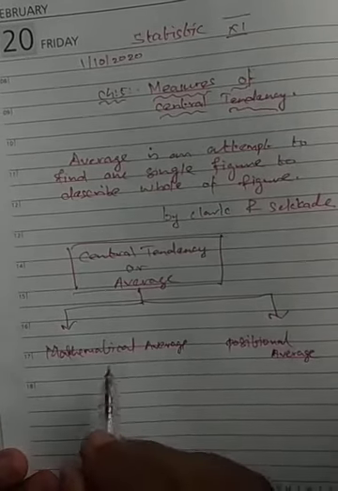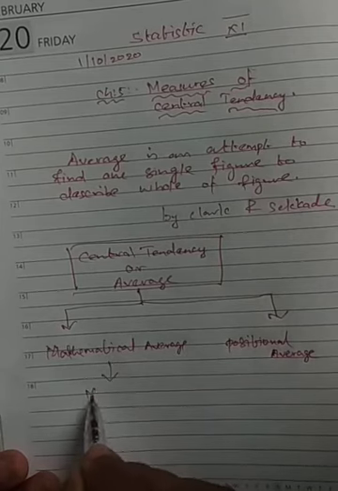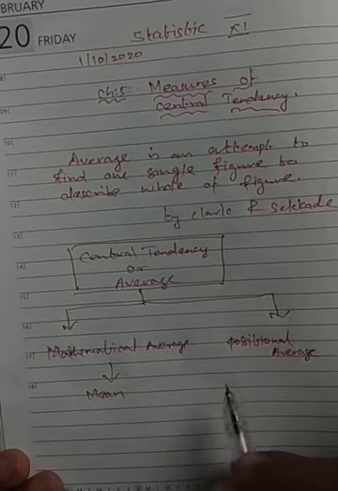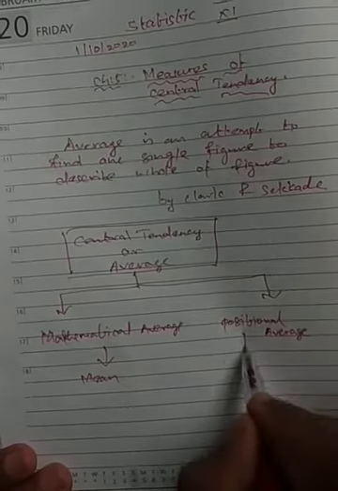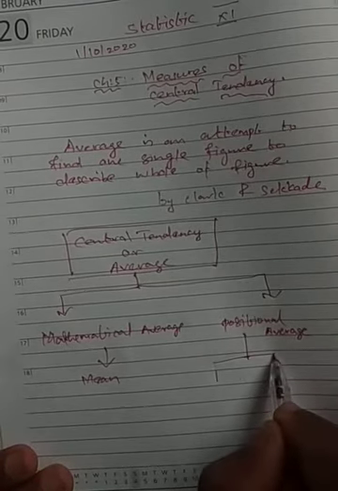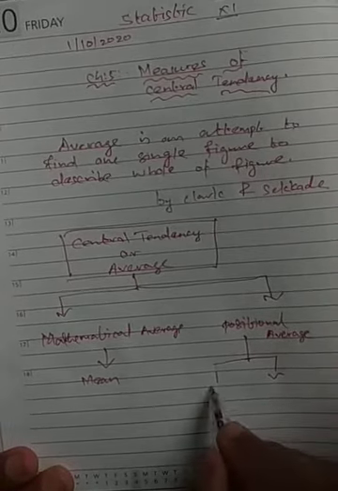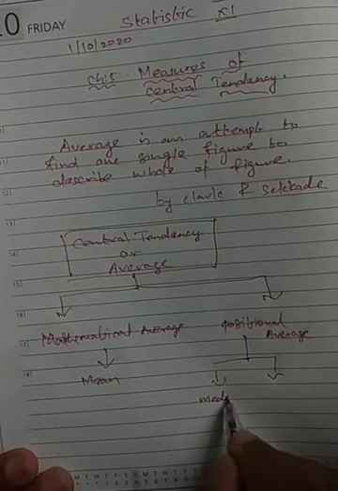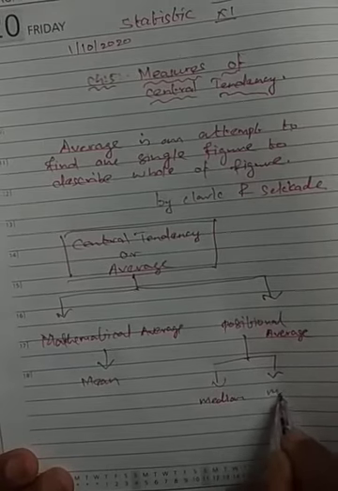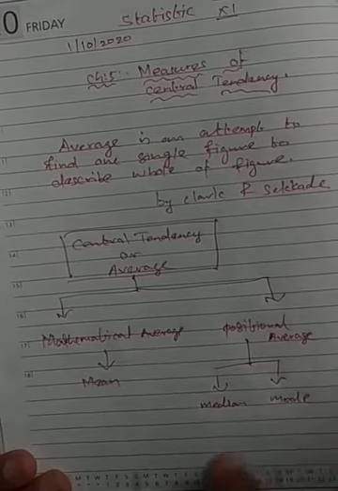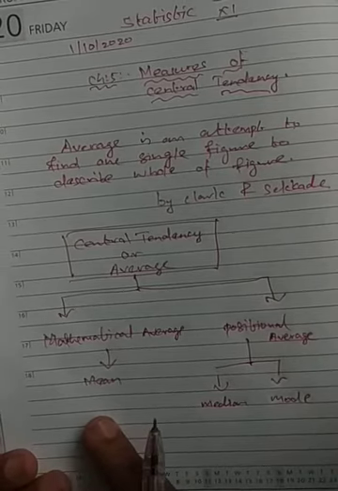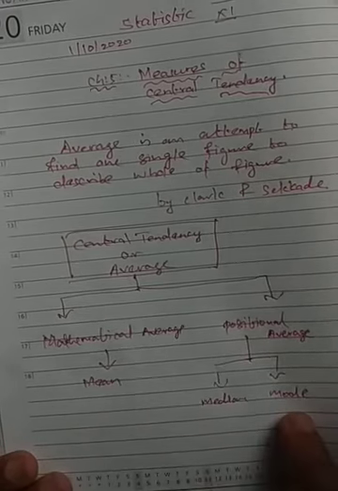Mathematical average is nothing but mean. Position, we are having two things: one is median, another is mode. But already in 10th standard you people have studied what is mean, what is median, what is mode.